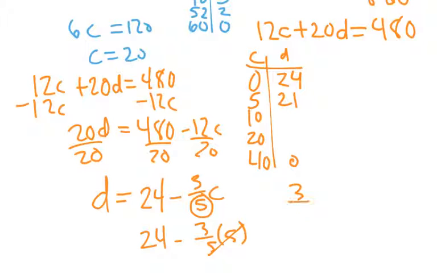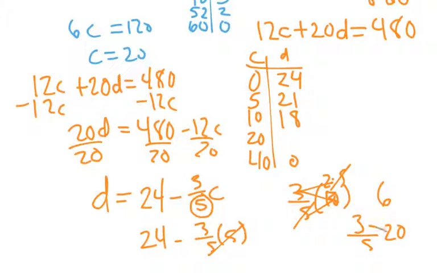So for 10, 3/5 times 10, well, 10 is like 2 times 5, so the 5s would cancel. 3 times 2 is 6, or 3 times 10 is 30, divided by 5 is 6. So 24 minus 6, 18. What about 20? 3/5 times 20. 3 times 20 is 60. 60 divided by 5 is 12. 24 minus 12 is 12. So there we go.